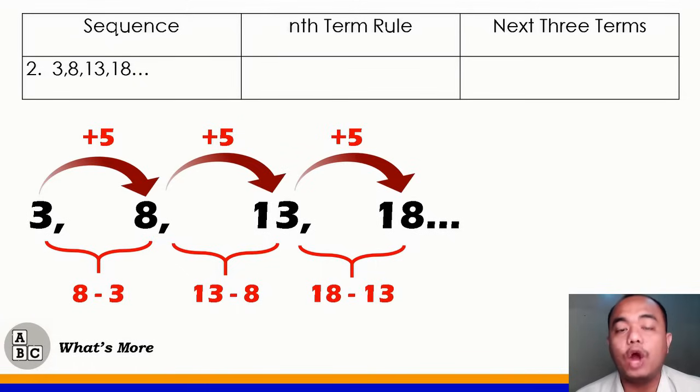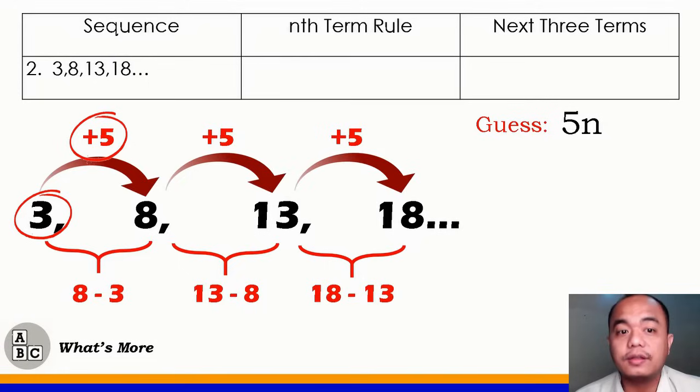So again, we have a common difference of 5. And automatically, we can conclude that we have our 5n. But then, obviously, we have a different common difference and first term. Yung ginawa natin kanina, we have to make our first term and common difference equal.